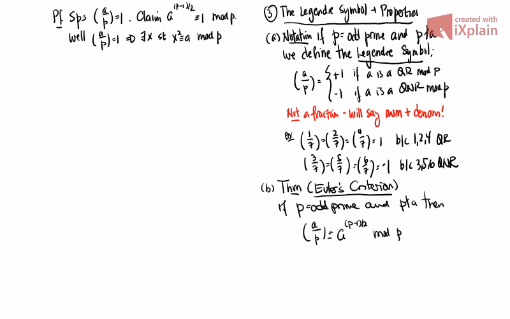So if that's the case, then also notice that if you take a to the (p minus 1) over 2, this is x squared to the (p minus 1) over 2, because a is the same as x squared. Then the 2's cancel, in the sense that we get x to the p minus 1, and x to the p minus 1 is congruent to 1 mod p. And this is by Fermat's little theorem.